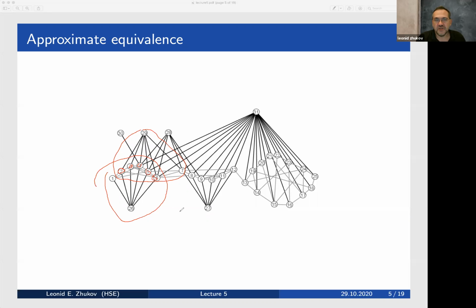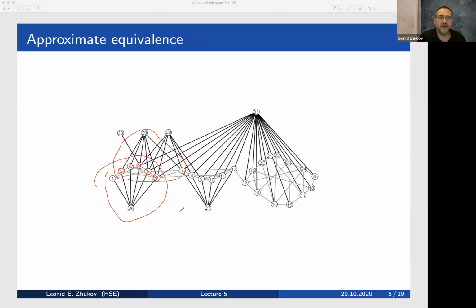From the structural perspective, node 29 and node 26 are not exactly equivalent because there are some neighbors not in common, but there are a lot of common neighbors, which means they're not equivalent, but they're approximately equivalent.